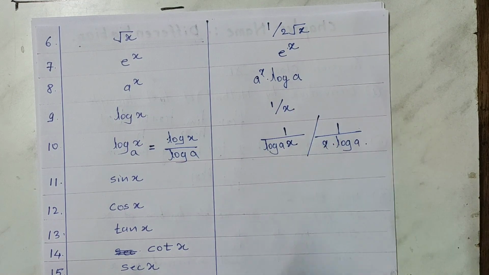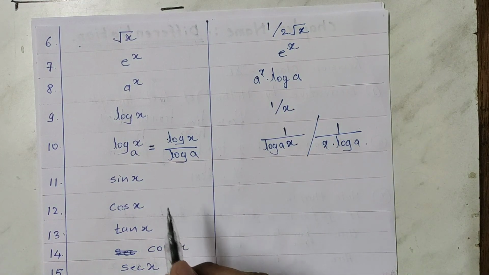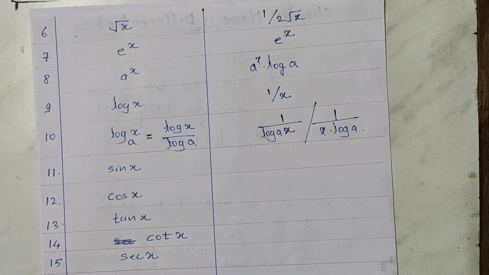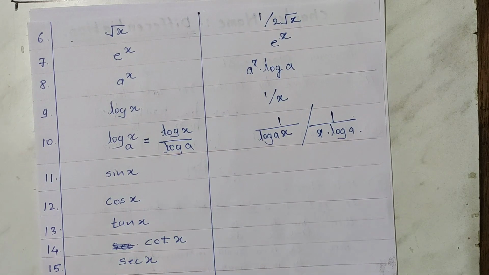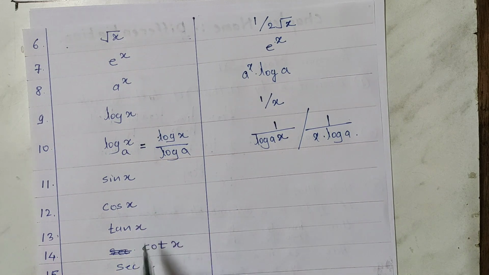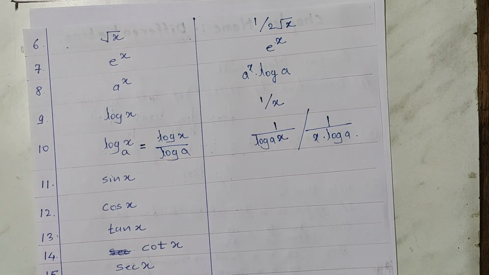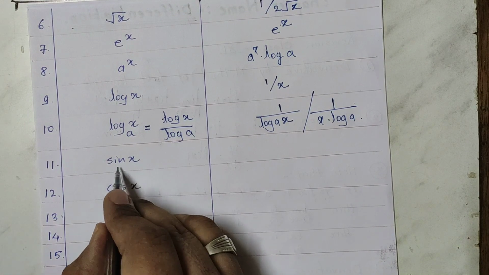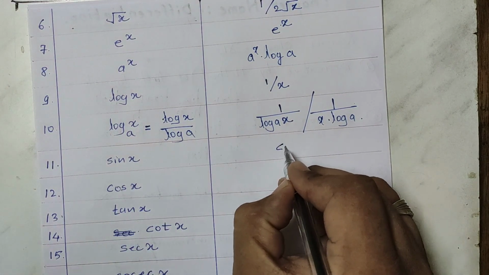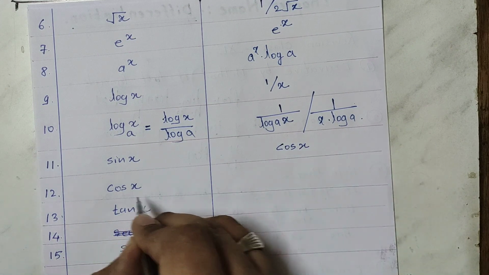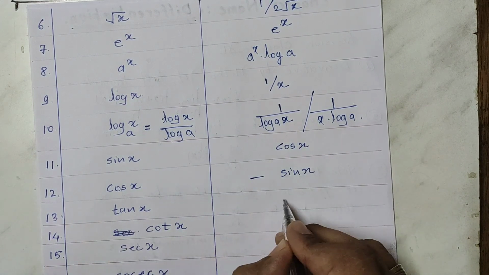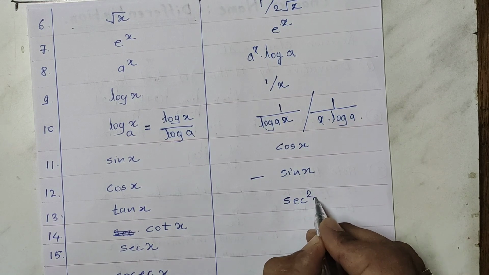Both are similar. Then the next functions, these are 6 trigonometric functions. This is very important for problem solving. If you don't learn these formulae, you will not understand any problem. Very important. First, sin x derivative is cos x, cos x derivative is minus sin x. Then tan x derivative is sec square x.